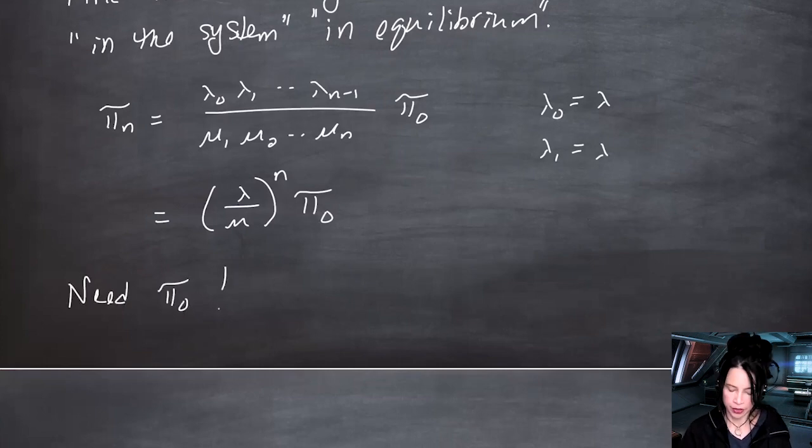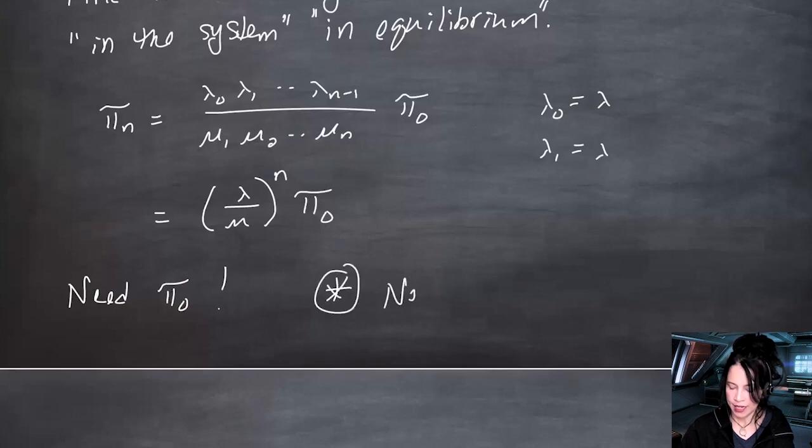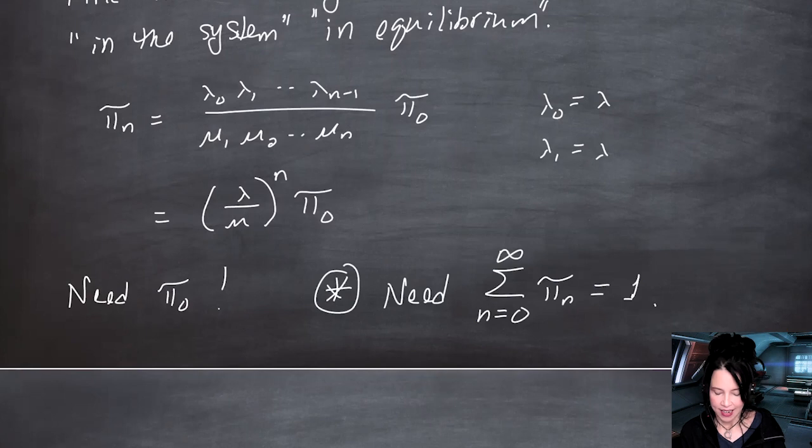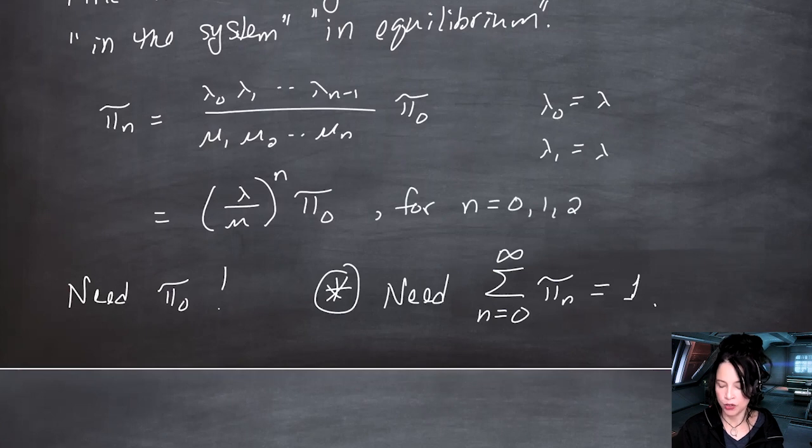And to find pi 0, you just need to use the fact that we need all the pi's to add up to 1. So the sum from 0 to infinity of pi n needs to be 1. And that's a constraint that will allow us to find pi 0. Let me back up one line and say that this holds for n equals 0, 1, 2 on up.